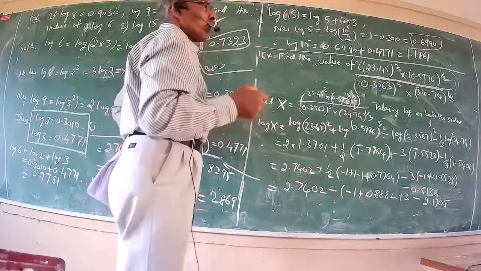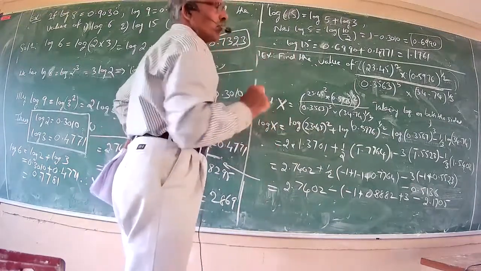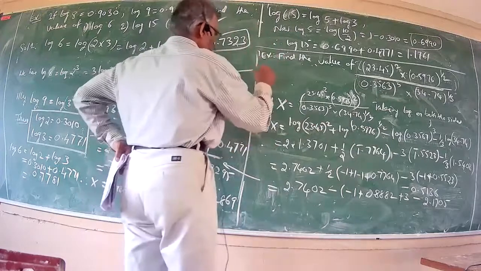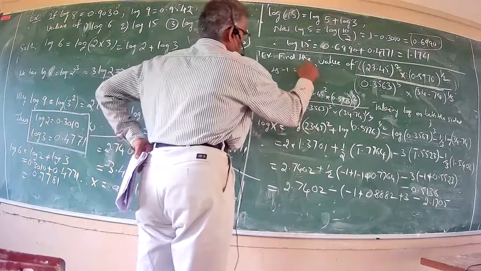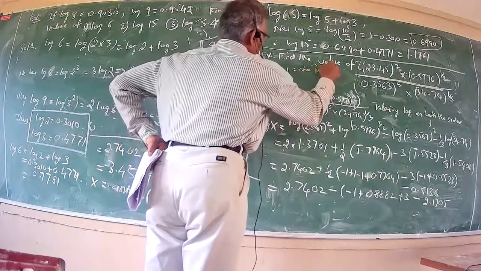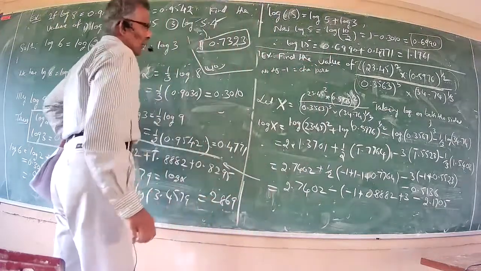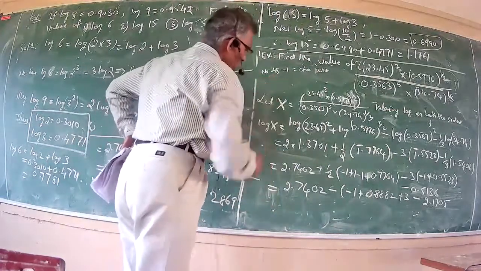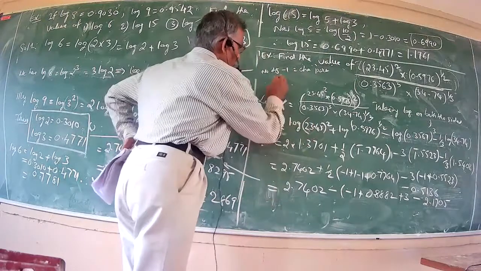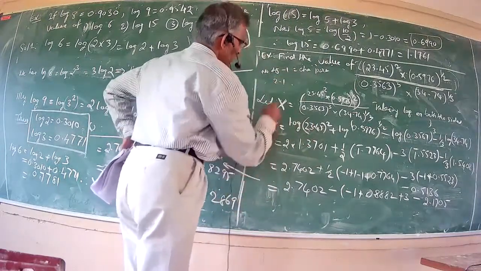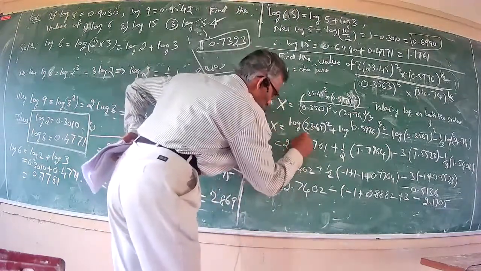So number of digits minus 1 gives you the characteristic part. The number of digits here is 2, so 2 minus 1 gives you 1. Therefore the characteristic part here is 1.